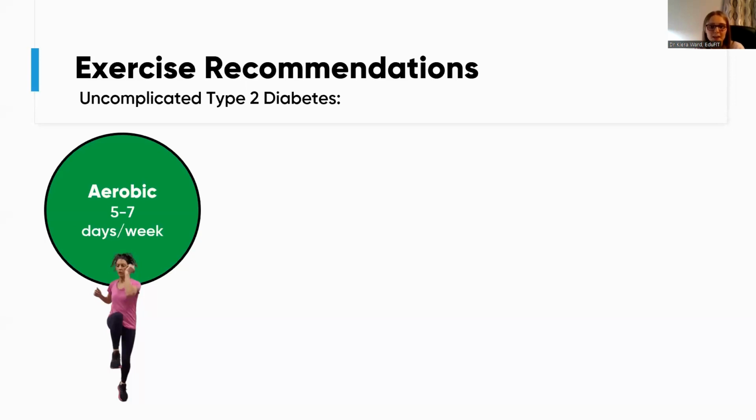I know Diane spoke about the talk test. So that's considered moderate if you can talk okay while you're exercising. Again, trying to get that 150 to 300 minutes per week, or you can make that up of shorter and accumulated bouts. So walking, cycling, dancing, water aerobics, they are all aerobic.